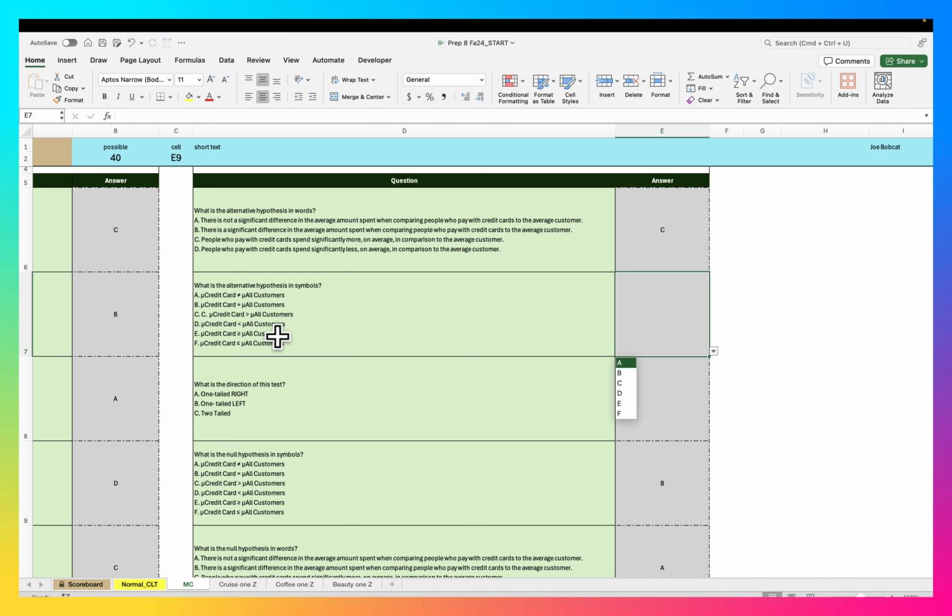And then there's E, which is credit card customers greater than or equal to other customers. Now, it can't be E because greater than or equal to includes equal to, but equal to is the null hypothesis. So we can't allow that as part of the alternative hypothesis. So that forces us to C.